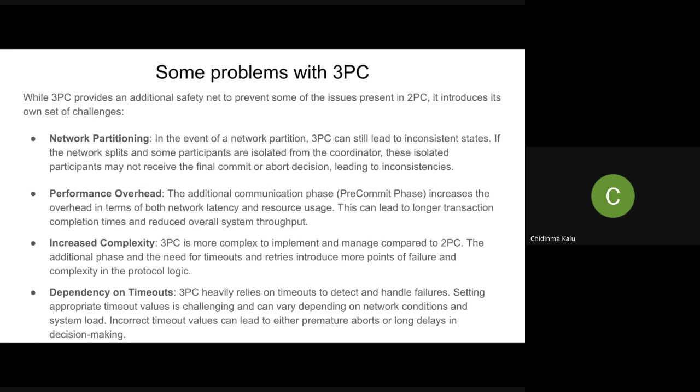And also there's increased complexity. 3PC sounds great in theory, but it's not really used. It's not very common, right? There's also dependency on timeouts. So basically you need to set appropriate timeout values because it can lead to premature aborts or long delays in decision making.